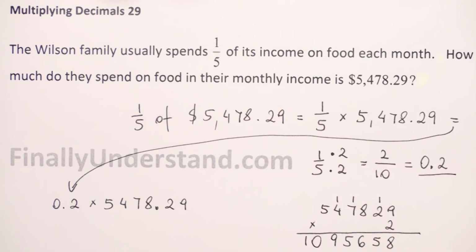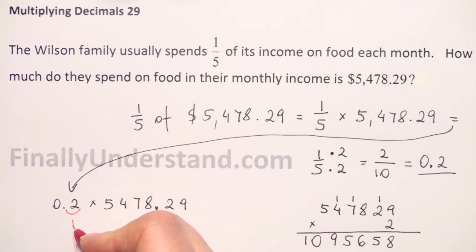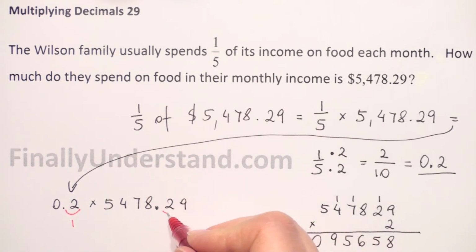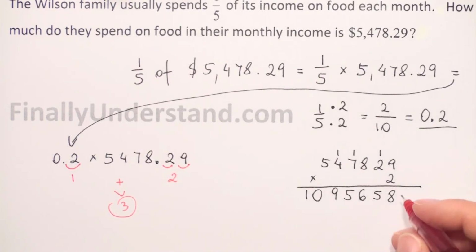And next we have to check decimal places. In the first decimal number, our first factor, we have 1 digit after the decimal point, so we have 1 decimal place. In the second, we have 2 digits after the decimal point, so we have 2 decimal places. 1 plus 2 is 3. So we need to have 3 decimal places in our solution.